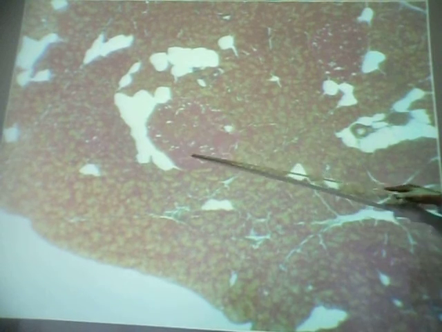Okay? And here again, maybe you can see, looks a little better, the color. You can see it's reddish, it's more red here.